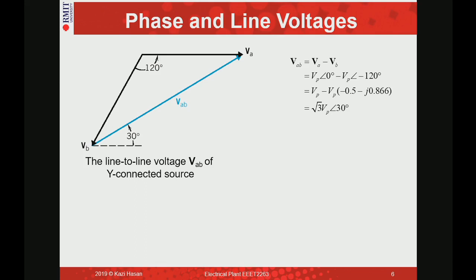Now we need to subtract VB from VA. So subtraction we cannot do in polar form, so we convert them into rectangular form. Then once we do the calculation, we see that our VAB gives us the value root 3 VP, meaning V phase, and there is an angle of 30 degree.